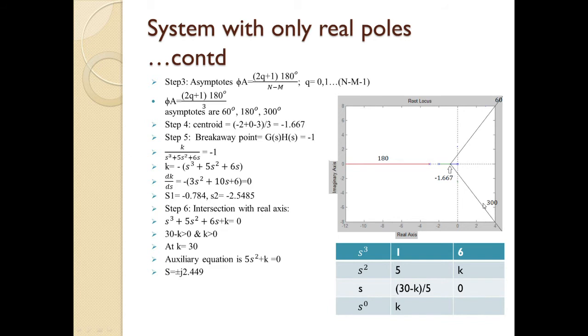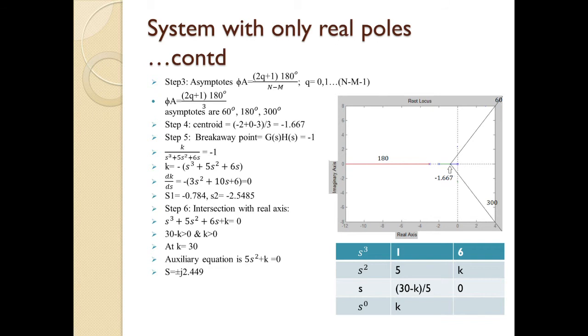And next is the centroid. The point of intersection of the asymptotes with the real axis is known as the centroid. That means the 3 asymptotes can be drawn from the centroid. The formula of the centroid is the summation of the real parts of the poles minus the summation of the real parts of the zeros, divided by the number of poles minus the number of zeros.